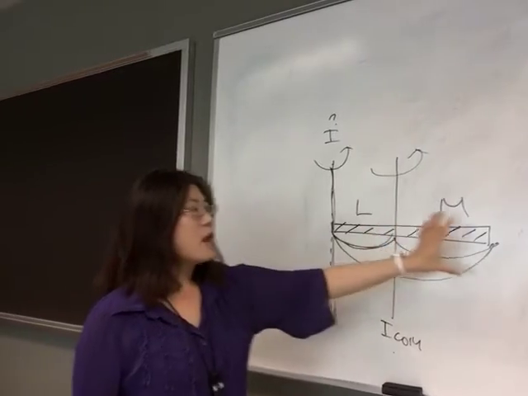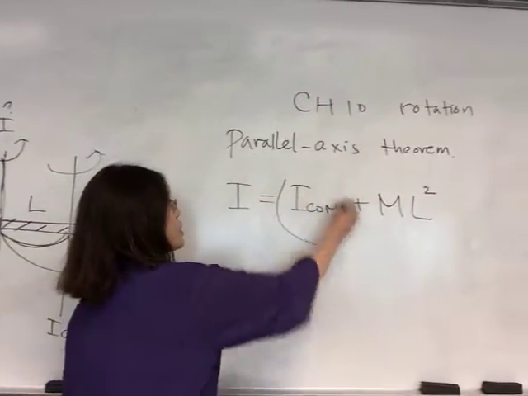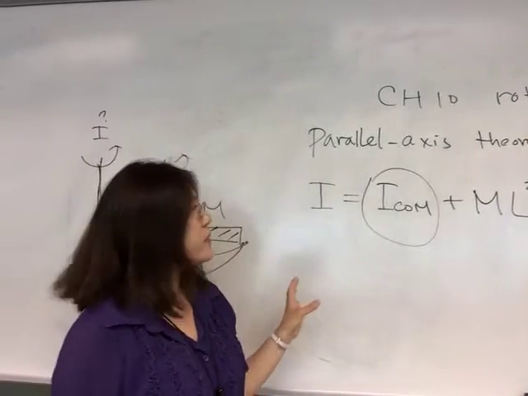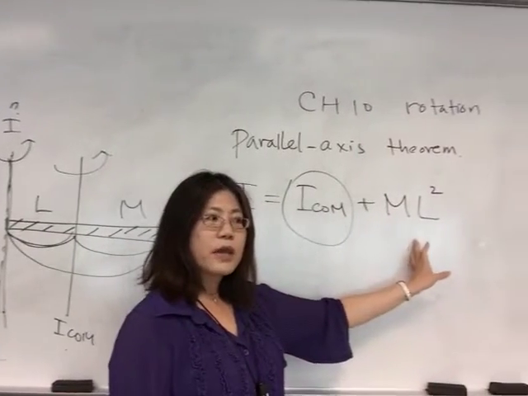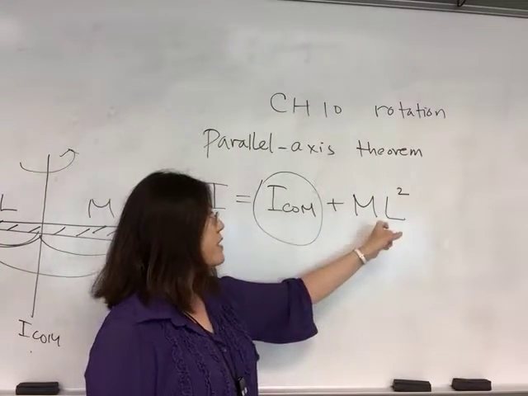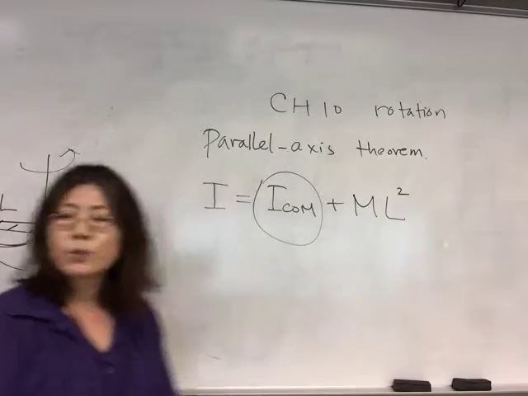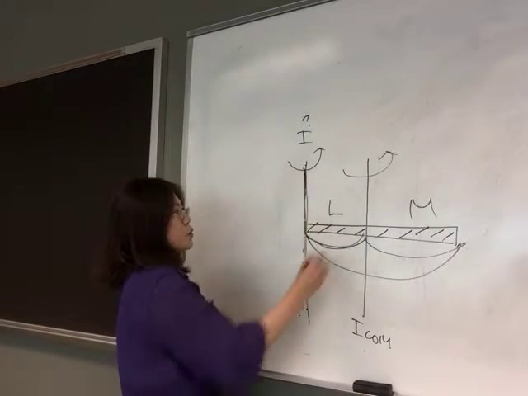Okay, so in other words, I_COM usually will be given. Sometimes it is not rotating through the central mass. Then you have to use this equation to calculate the new rotational inertia, where it is the mass of the object times the vertical separation between the two axes. So when I say vertical separation, what is the distance between them?